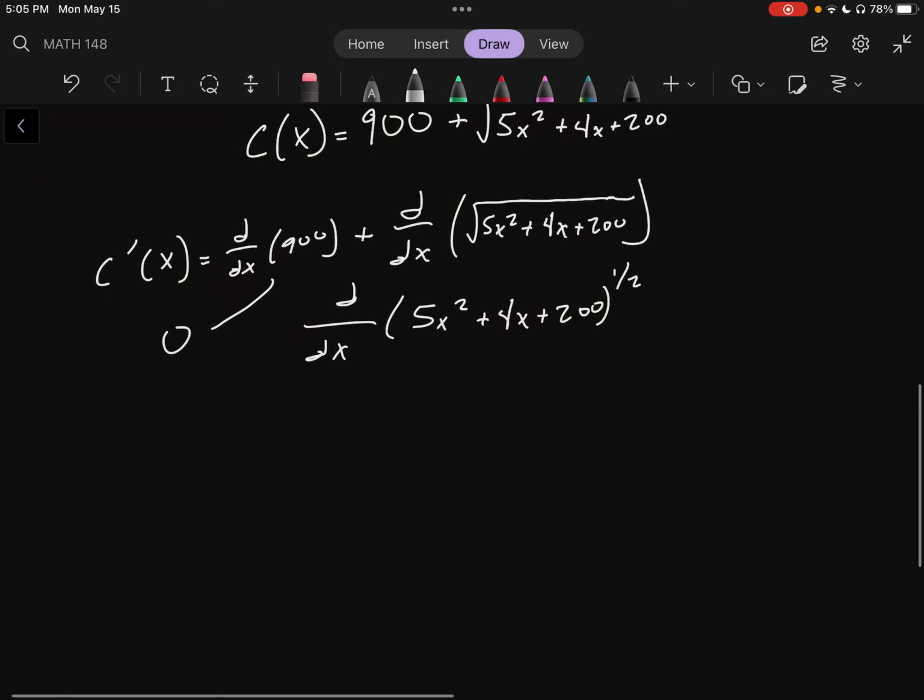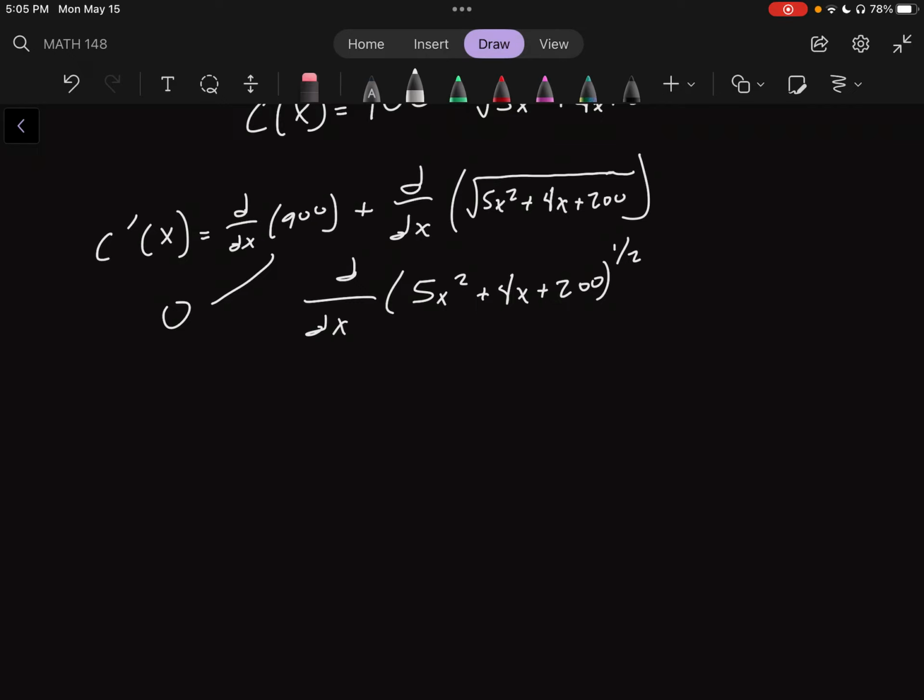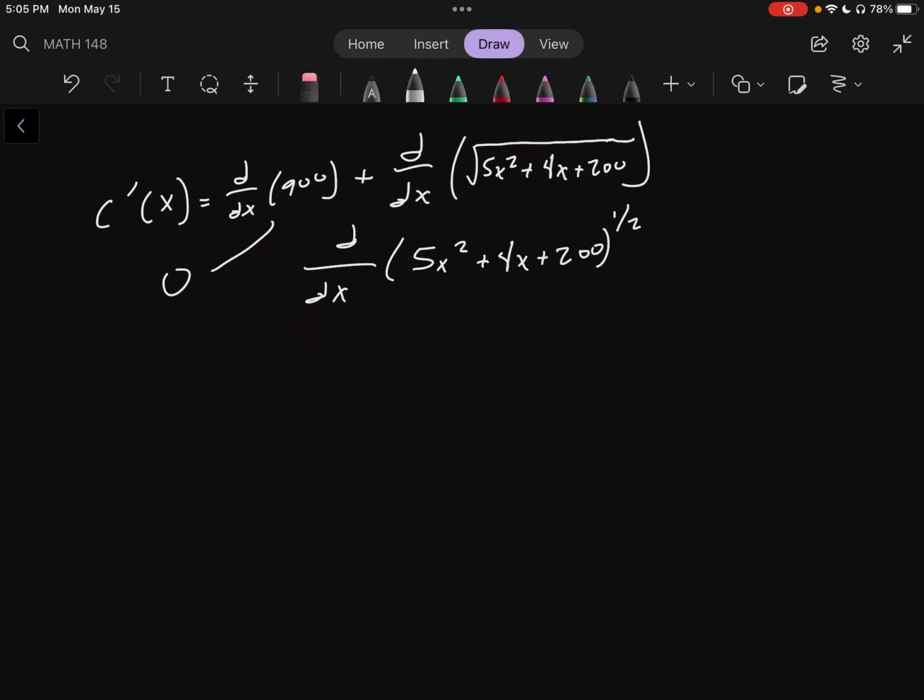Okay, so we have to use the chain rule, and the chain rule tells us that the derivative of, let's say, f of g of x is equal to f prime of g of x multiplied by g prime of x.